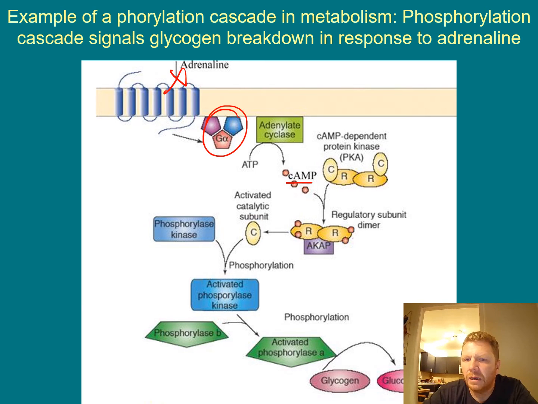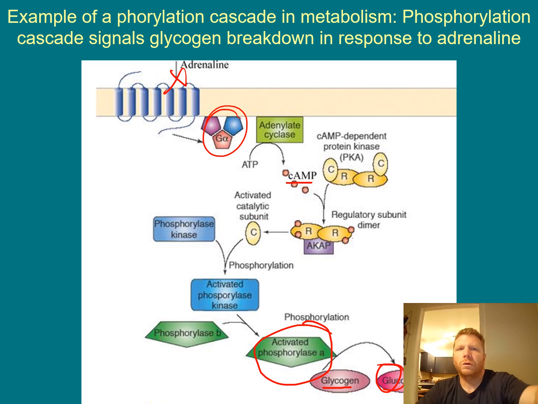That cyclic AMP serves as an activator of protein kinase A, or PKA, and ultimately, long story short, this leads to the activation of an enzyme known as phosphorylase A. Phosphorylase A breaks the sugar storage molecule glycogen down into glucose subunits in human bodies. So through this series of steps, adrenaline leads to phosphorylation of an enzyme that leads to the release of glucose into the bloodstream.